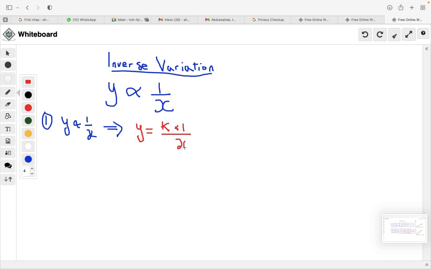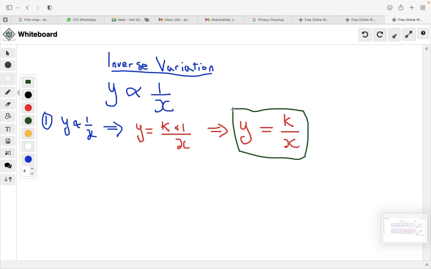Remember, k times 1 is always k, so this expression looks like this: y equals k over x. So for inverse variation, this is how it looks, especially if y is inversely proportional to x. This function is what we're going to use.